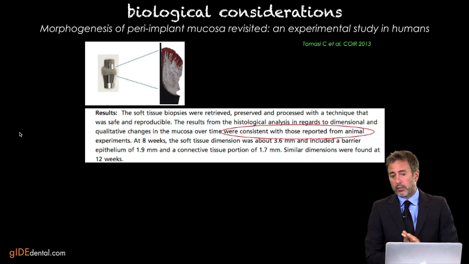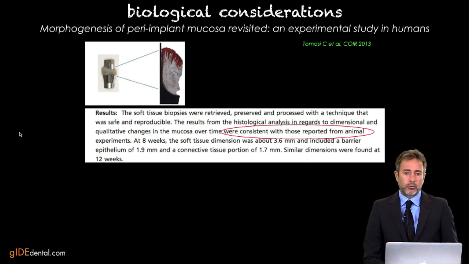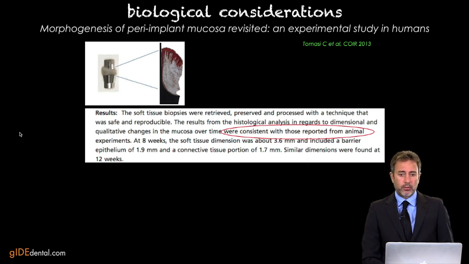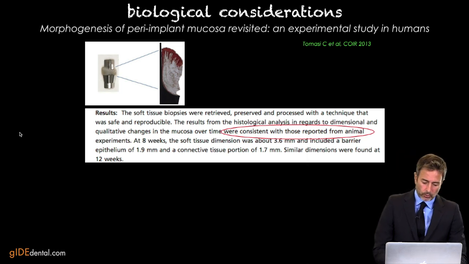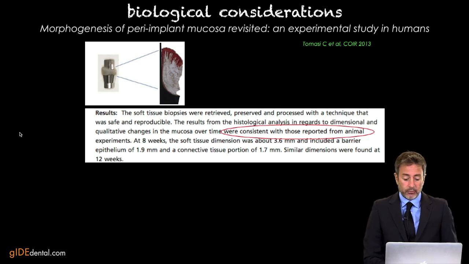He could show that there is a soft tissue barrier of approximately 3.6 millimeters, which is pretty much the same as what we find in animals. Half of it was connective tissue, 1.97, and the other half was epithelium.